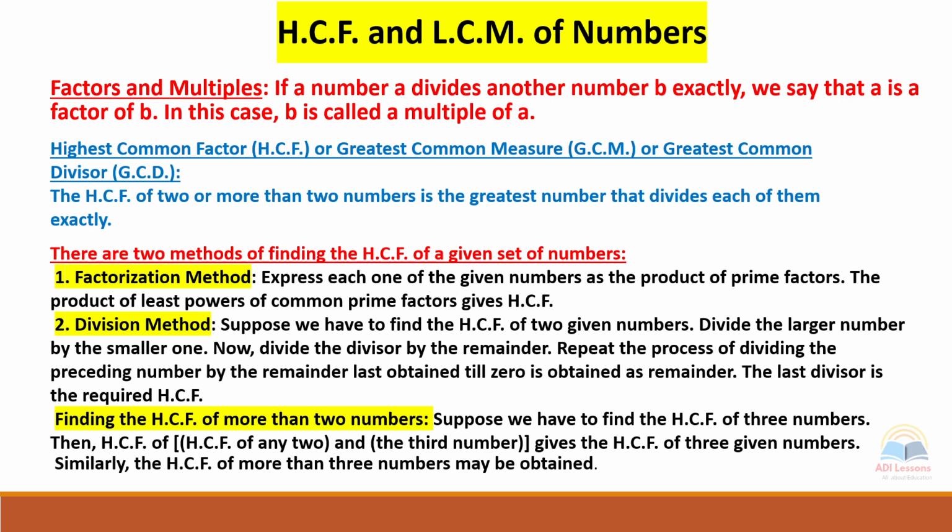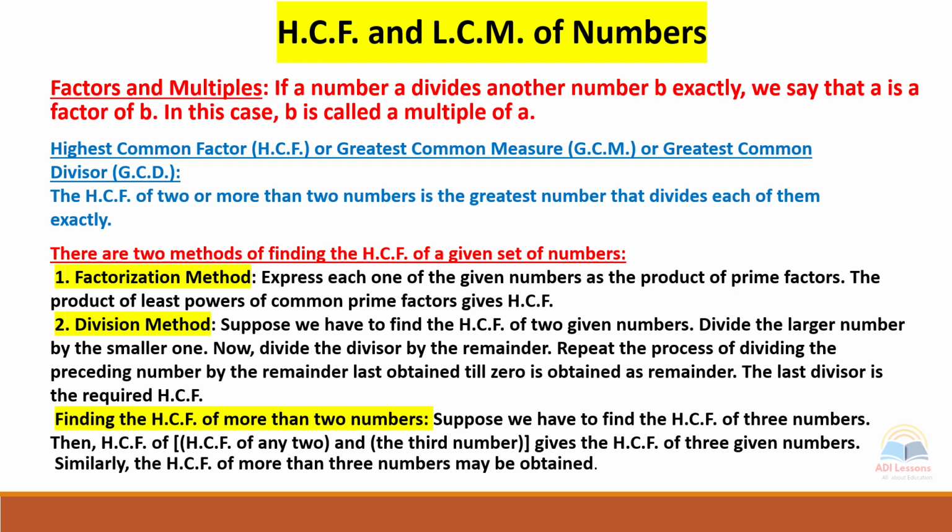There are two methods of finding the HCF of a given set of numbers. First one, factorization method. We express each one of the given numbers as the product of prime factors. The product of least powers of common prime factors gives HCF. Second one, division method. Suppose we have to find the HCF of two given numbers.